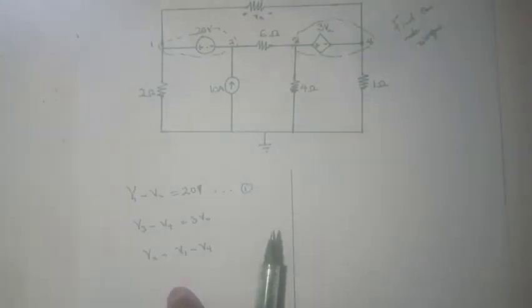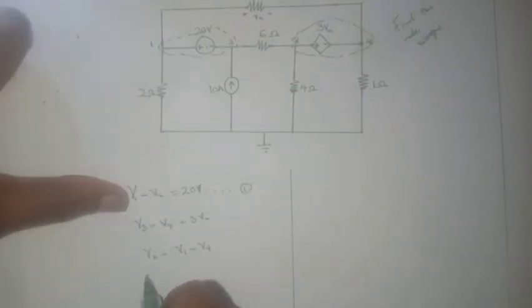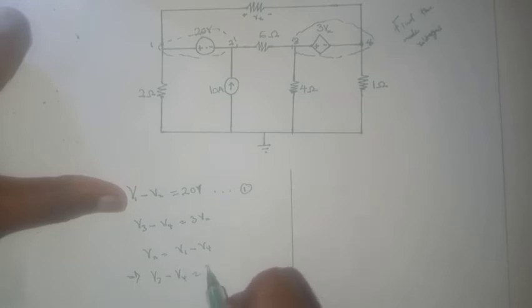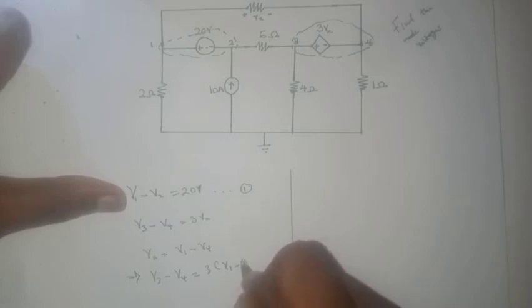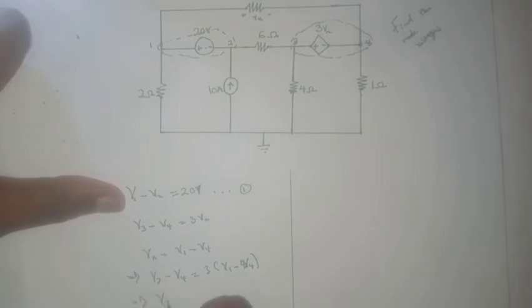So that means V3 minus V4 equals 3 times (V1 minus V4). That would mean that V3 minus V4 equals 3V1 minus 3V4, and then we would have 2V4.